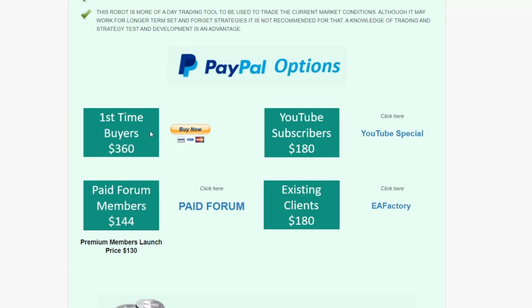In terms of PayPal, there's a first-time buyer's price, there's a YouTube subscriber price, existing client's price, and there's also the paid premium members price, and that is a paid forum, and there's also a 48-hour launch price for the paid forum of $130. So it's the cheapest price that you can get the EA at.